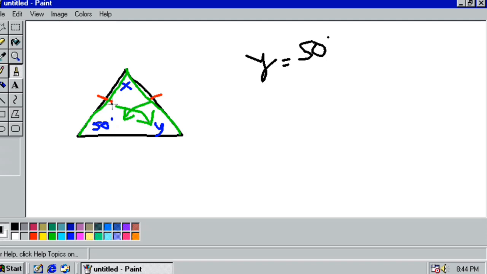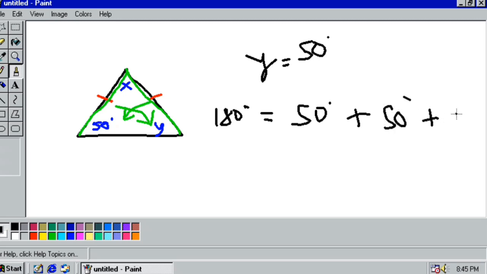You can also write it as a formula, if you don't understand it. So 180, we're going to put all of the angles here: 50 and y, so y is 50, plus the unknown x.